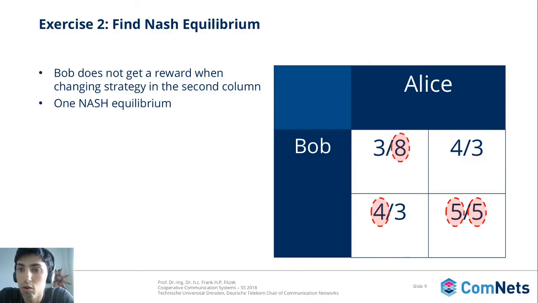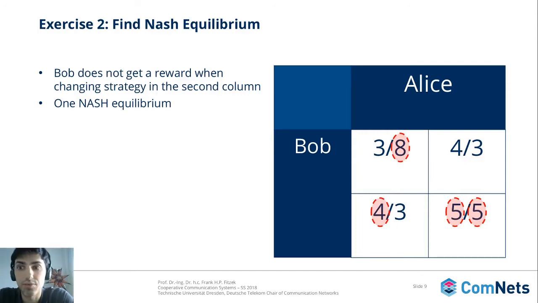Let's suppose we start in the upper left square. We have 3 points of reward for Alice, 8 points of reward for Bob. Bob's fine there; he doesn't want to change. But Alice sees that if she moves to the next strategy, to the right one, she will get 4 points instead of 3.